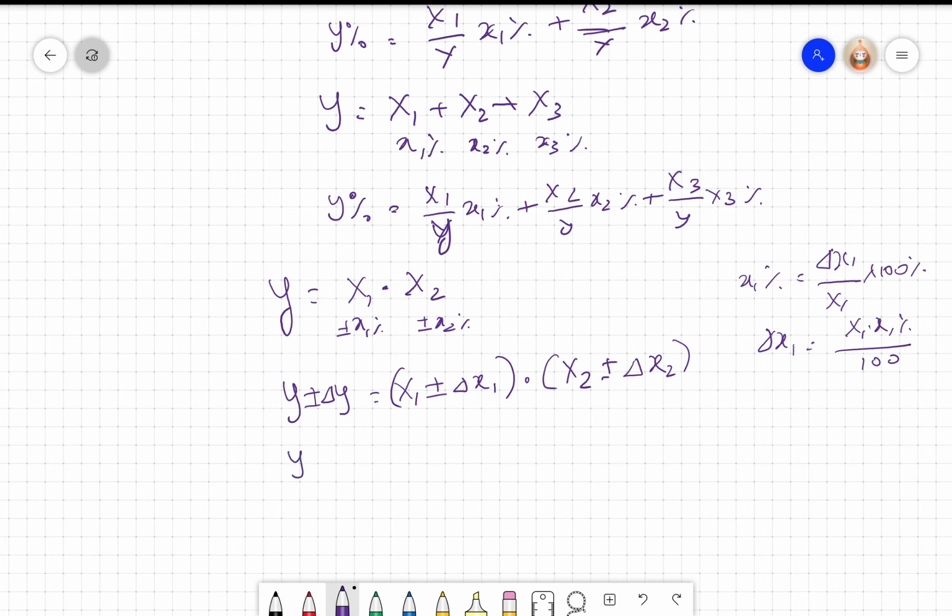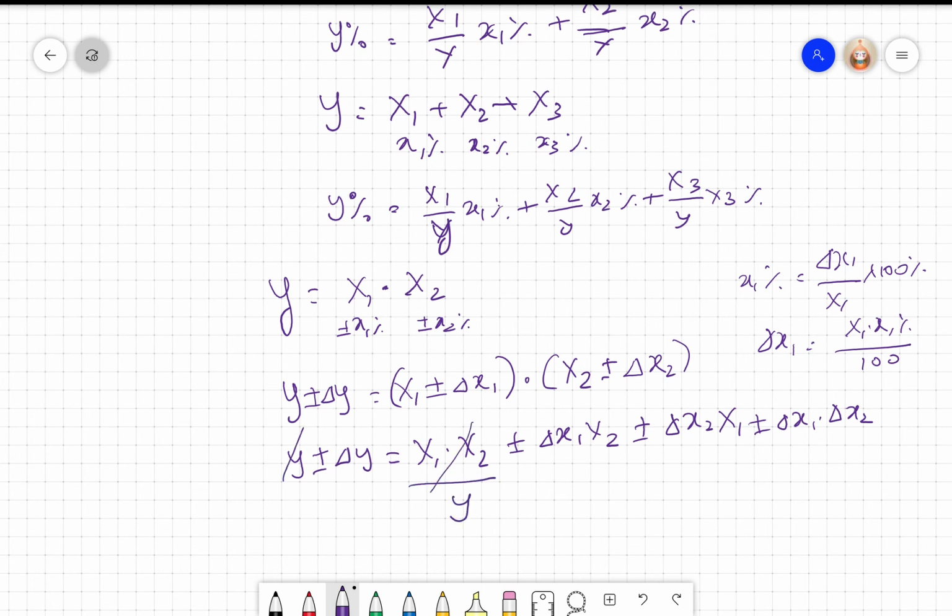So y plus or minus delta y. I multiply these two, x1 into x2 plus or minus delta x1 into x2 plus or minus delta x2 into x1 plus or minus delta x1 into delta x2. x1 x2 is nothing but y, so this can be cancelled.